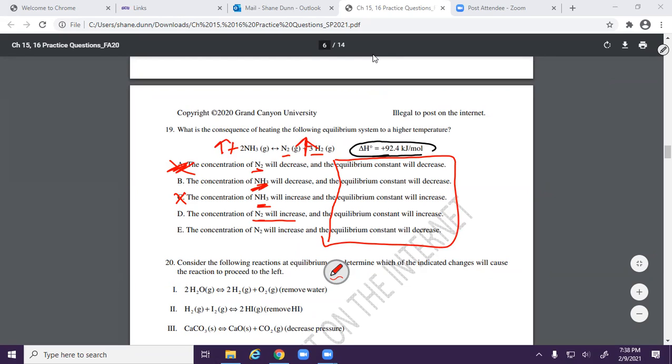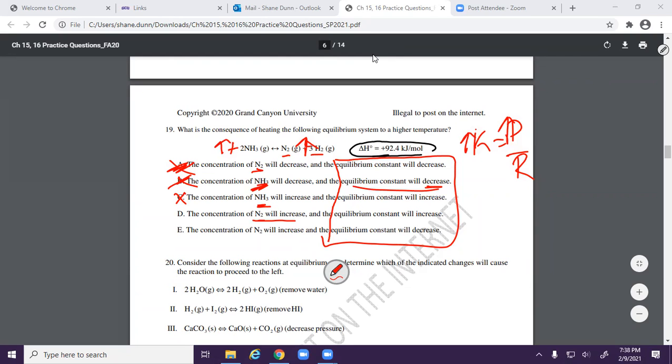Yeah. That will decrease. That is true. Equilibrium constant now will go up or down? What is the equilibrium constant? What is K equal to? If products go up, what does my K value do? It goes up. My K value should go up, right? So B is wrong because it tells me the equilibrium constant will go down. That's a no-no.